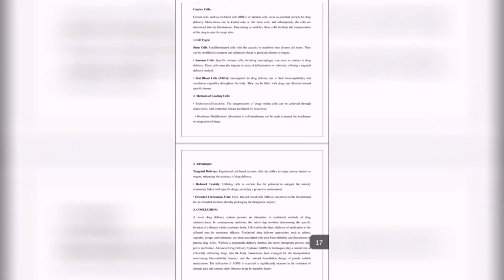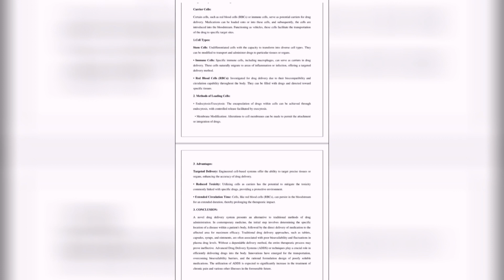Next one is red blood cells, investigated for drug delivery due to their biocompatibility and circulation capability throughout the body. They can be filled with drugs and directed toward the specific tissue. So, the purpose of all these cells is to deliver drugs efficiently into our body without any harm.